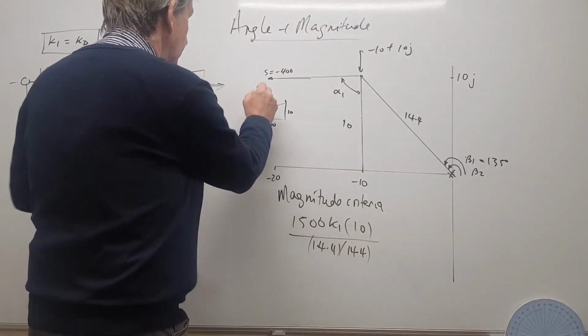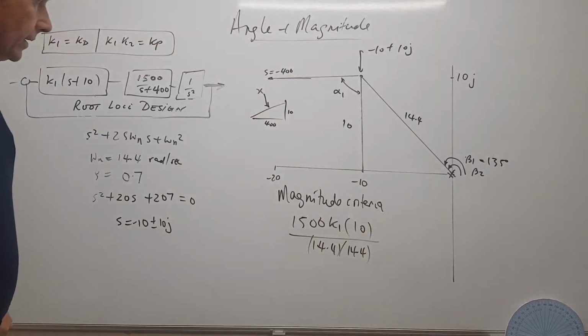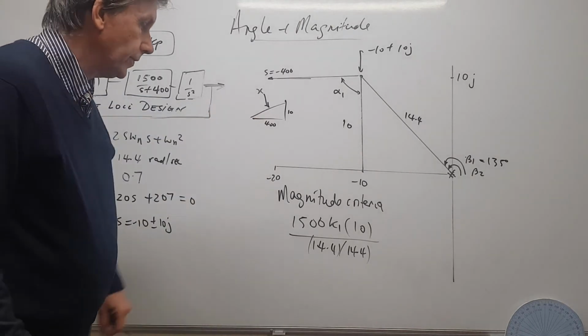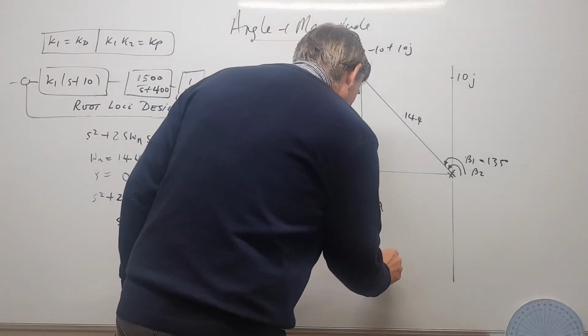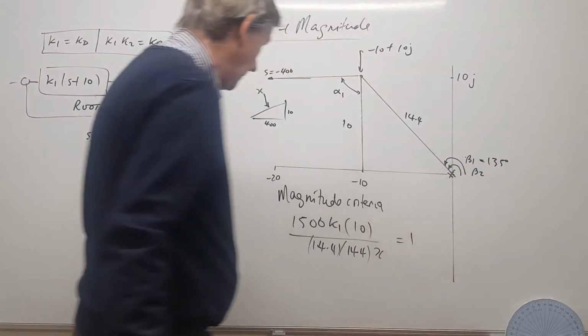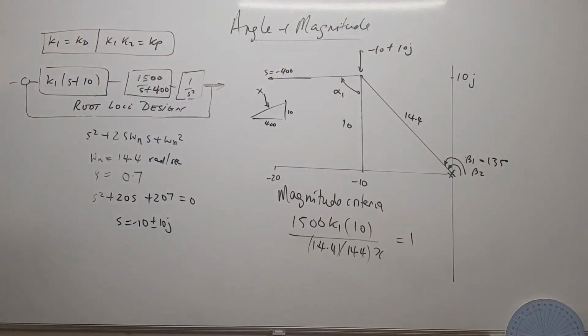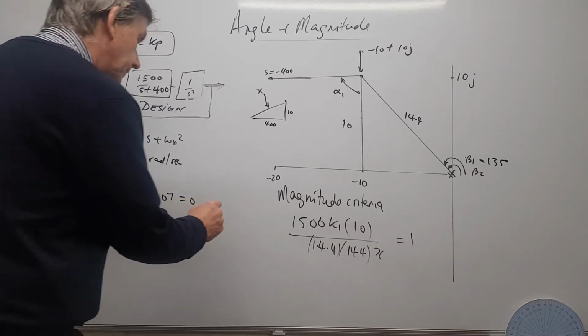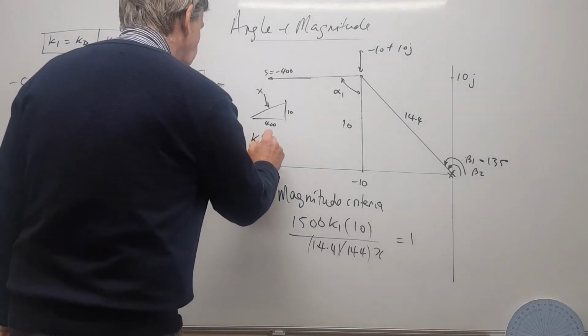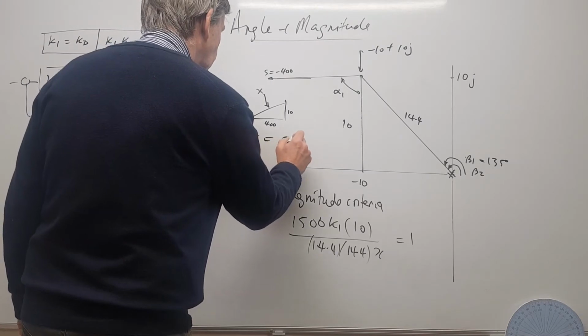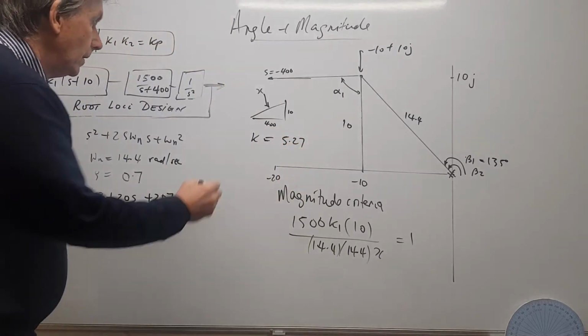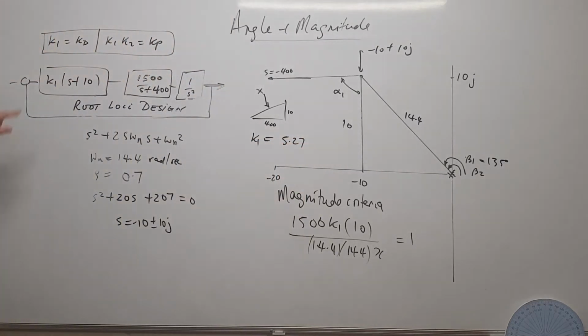And if we call that distance there x, I haven't actually worked it out, but you can see it will be around the 400 mark, won't it? Times x will equal 1. And then we can solve this expression now for K1. And K1 comes out as 5.27. So K1 is now 5.27.